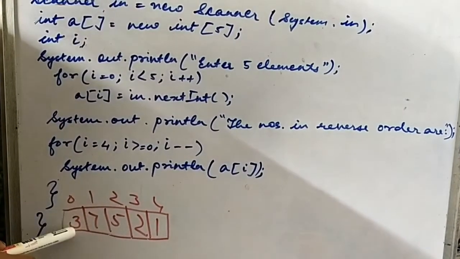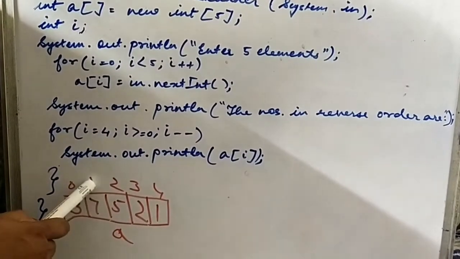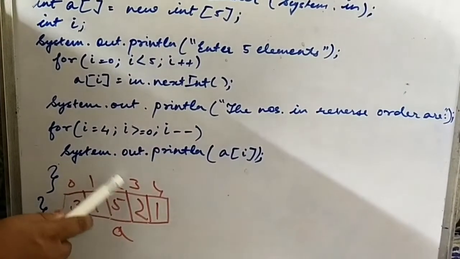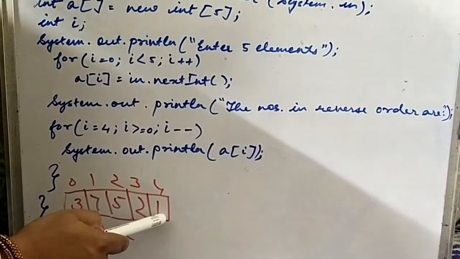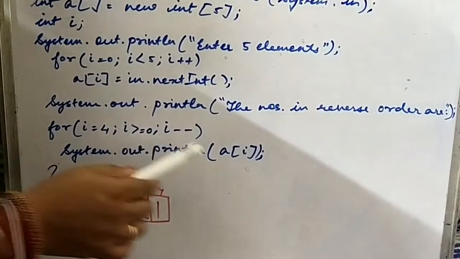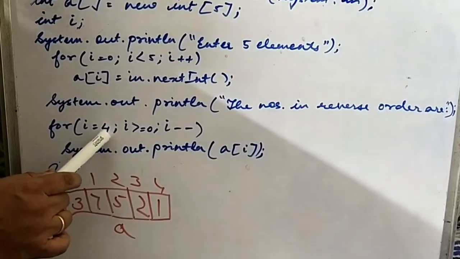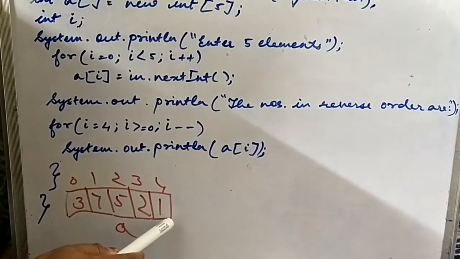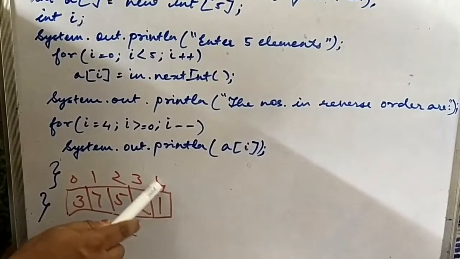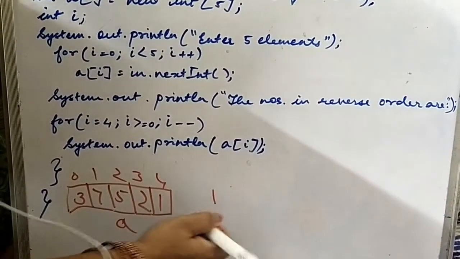So in a[0] there is 3, in a[1] it is 7, in a[2] it is 5, like that it was stored. But now when I am printing, I write a[i], and my i value is first 4. So a[4] means what value? It will pull up the 4th index value, that is 1. So it will print 1 first.